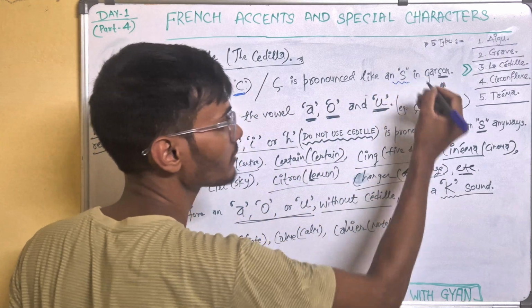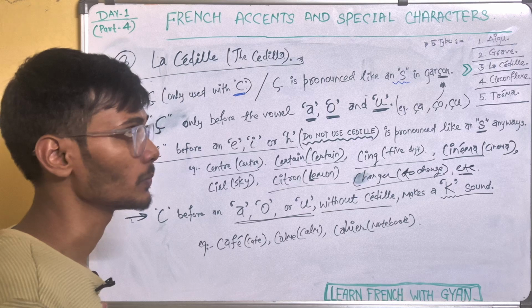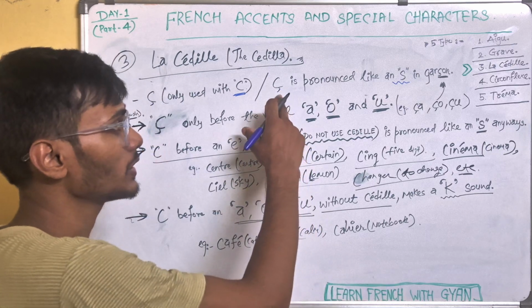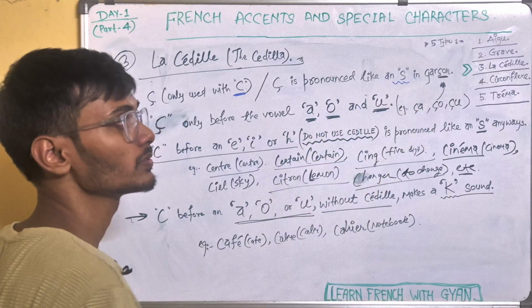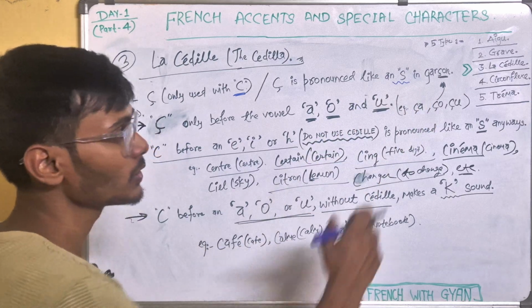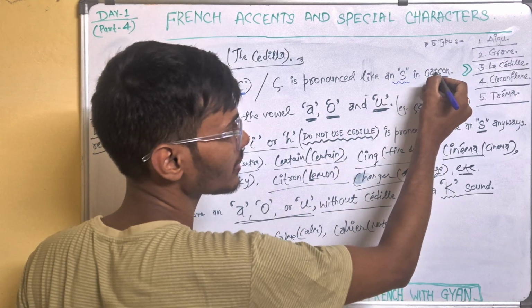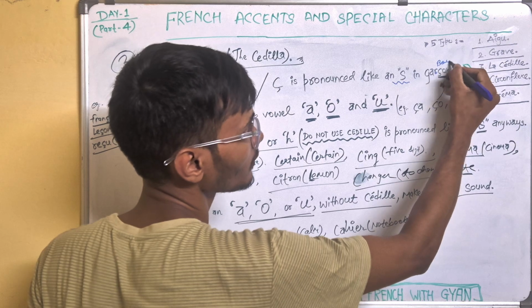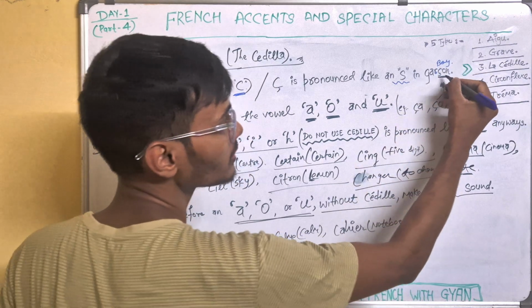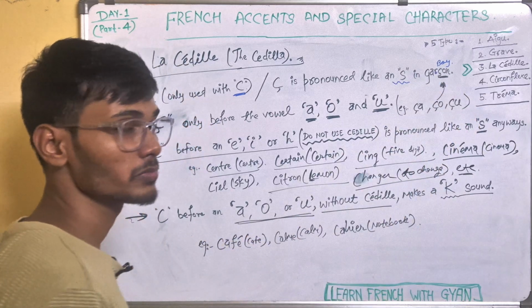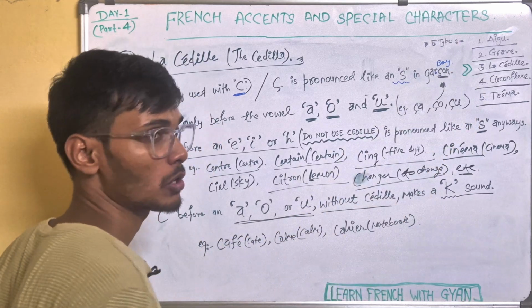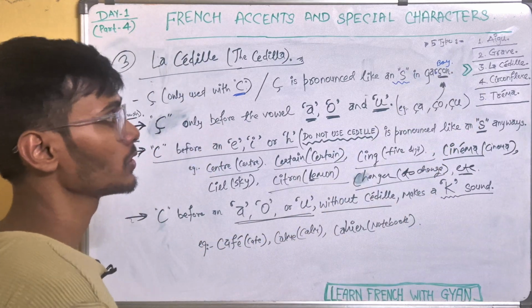This sound is very important to understand here: when you use this cédille with c, the sound becomes s. So rather than saying this, garçon means boy. If you remove this cédille from c, it becomes garcon, which is not correct actually.